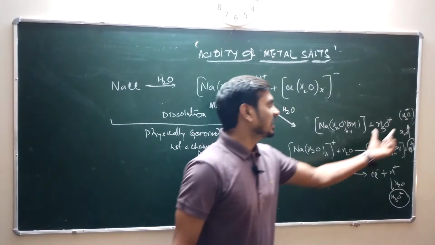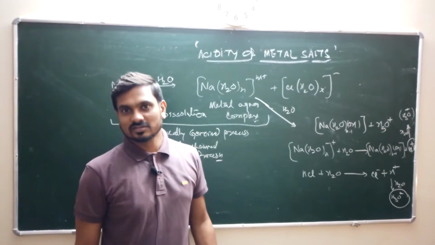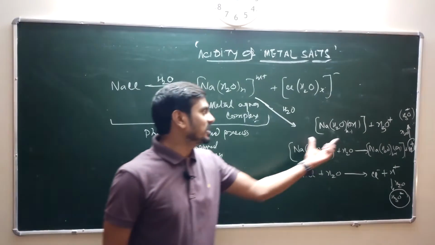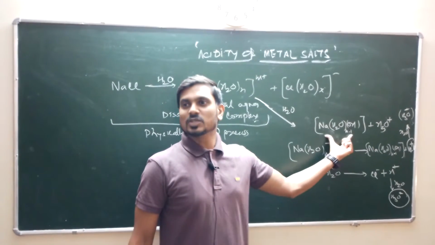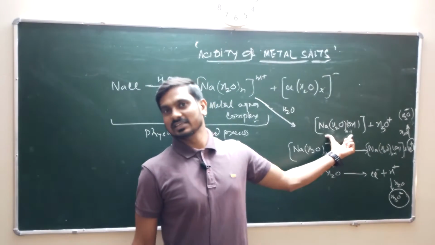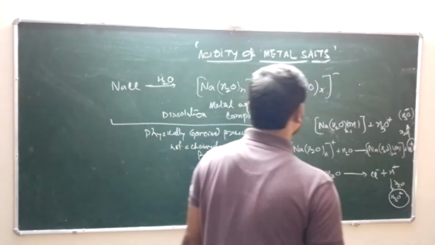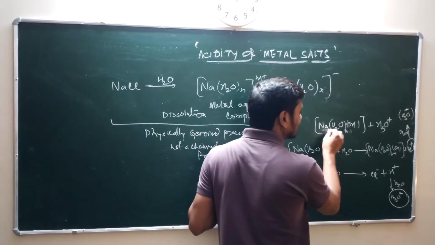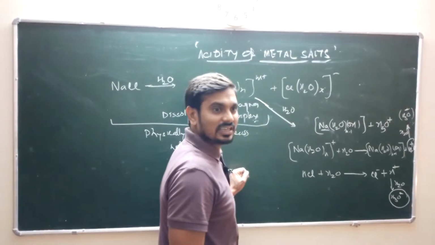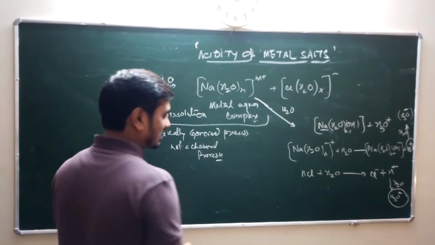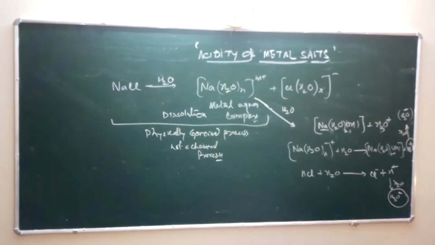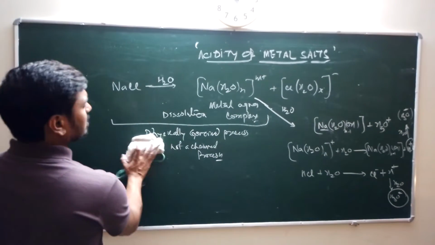So HCl and these two are working the same way or not? This metal aqua complex is behaving like an acid, isn't it? And to your surprise, although this is the least acidic metal aqua complex ion, its acidity is not very significant or very visible.